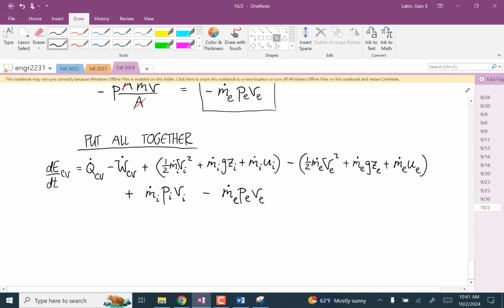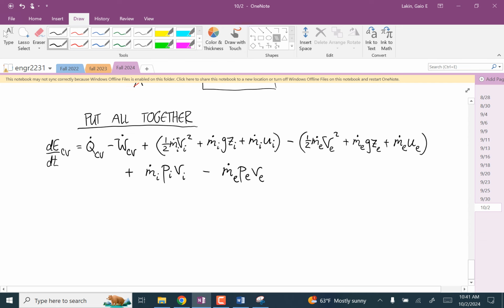And we can make this look a little nicer. So I'll simplify this a little. So we have dE dt of the control volume is equal to Q dot CV minus W dot CV. And now I'm going to group all of the inlet stuff together.